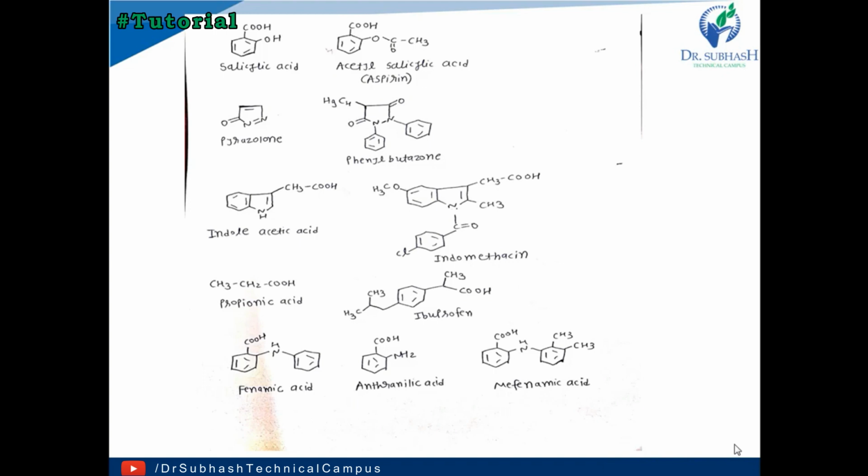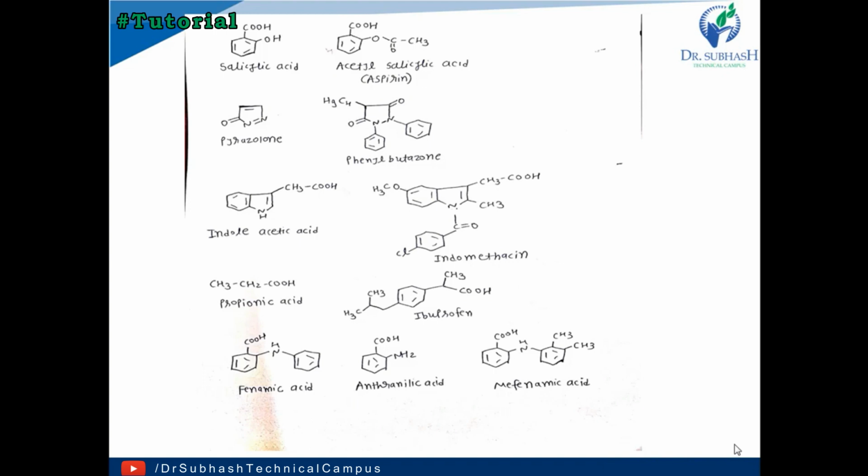Propionic acid derivatives, in that the examples are ibuprofen and naproxen, and we will do the structure of ibuprofen. So for propionic, you can see the side chain in ibuprofen, that is CH3CH2COOH. That's why ibuprofen is in the category of propionic acid derivatives.